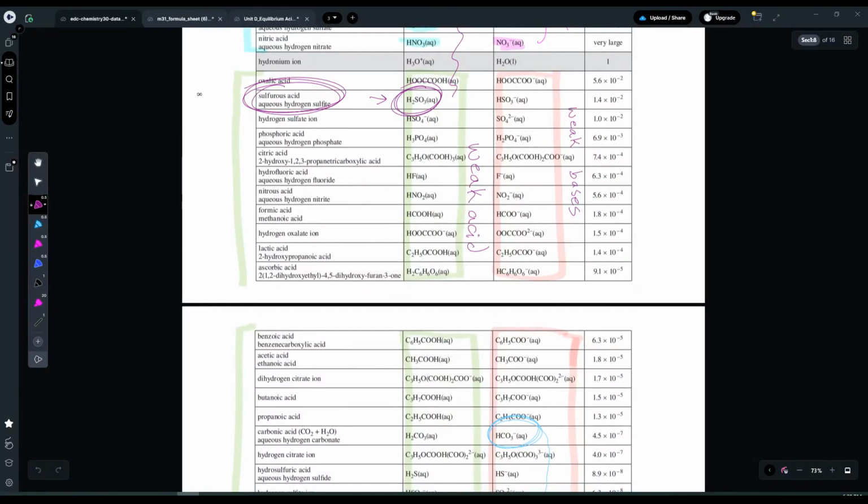How you can help yourself remember that is if you draw a line in between your acid and your base, and if it looks like a ball could spontaneously roll down it as they are, then you can assume the forward reaction is favored. With the ball rolling down the hill, if you've already done the thermochem unit, that is an indicator that the forward reaction is a spontaneous reaction. So that would mean forward reaction is favored.